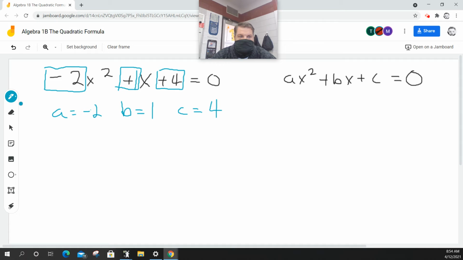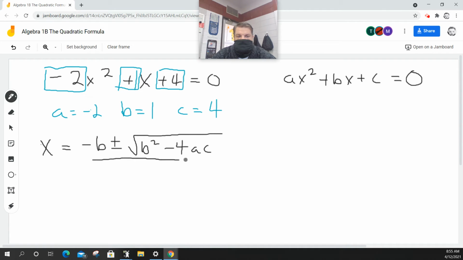So anyways, the formula then is, to solve this, x equals -b plus or minus the square root of b squared minus 4 times a times c all over 2a.